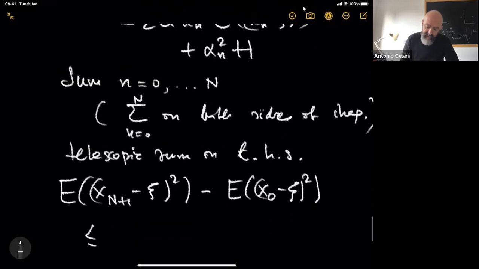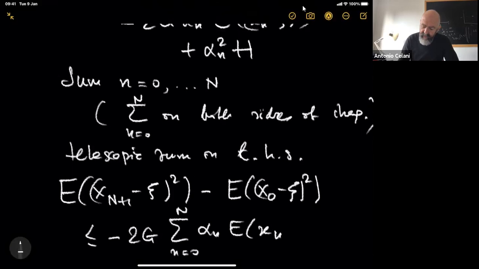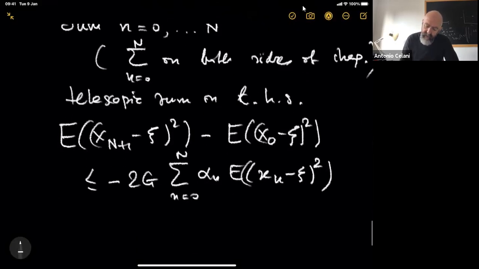So this is minus 2g sum from 0 to capital N of alpha_n expectation of x_n minus psi squared, plus h sum going from 0 to infinity of alpha_n squared.